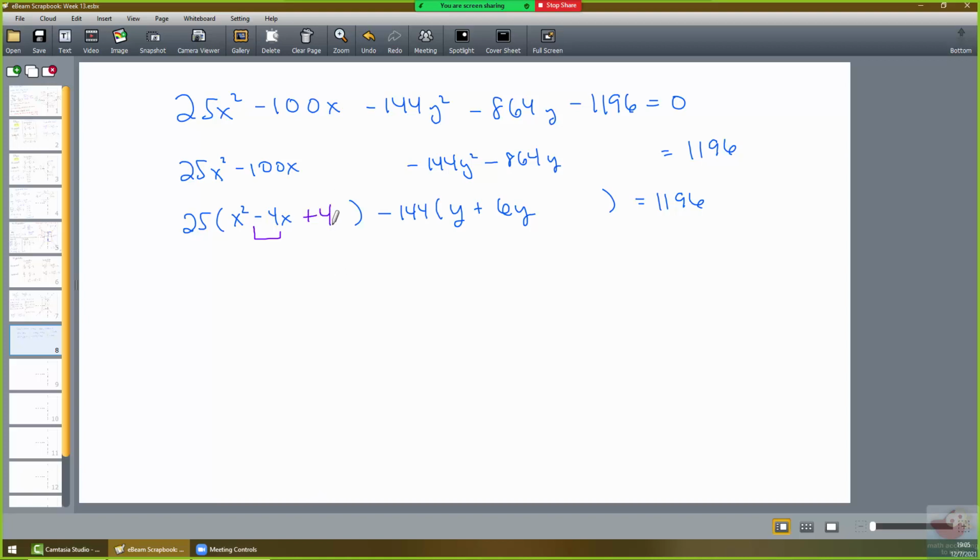So we add 4 inside of those parentheses. However, we do not add 4 to the right-hand side, because that 4 is in a parentheses that is being multiplied by 25. So to balance out this equation, we actually have to add 4 times 25, which is 100, because if we distributed that 25 through, we actually added 100.